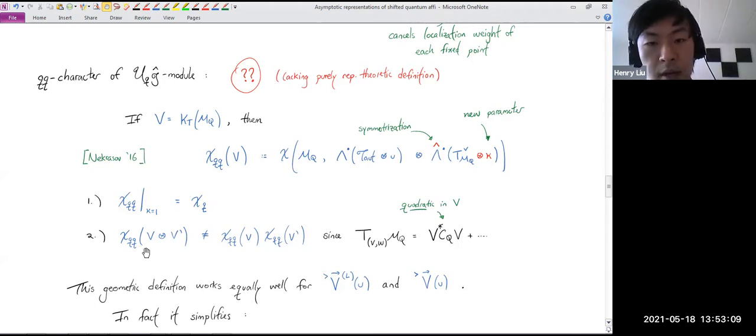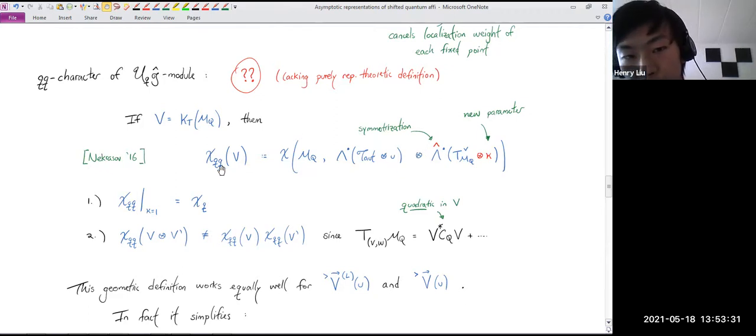And so if you think about the tautological bundle, that really just is the quiver representation. And so this operator is linear in the quiver representation. And so roughly speaking, that's why the Q character is a homomorphism.